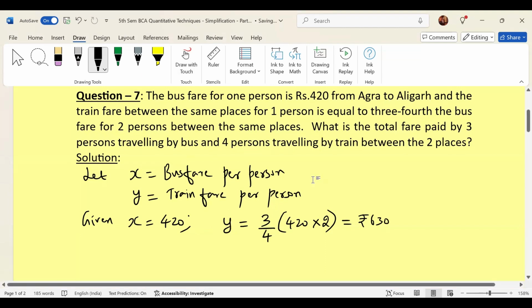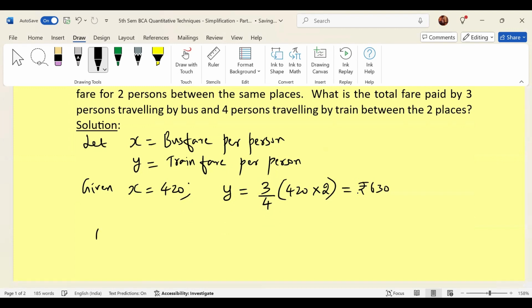So now the question is, what is the total fare? So total fare paid by three persons traveling by bus, that is 420, and four persons traveling by train, that is 630.